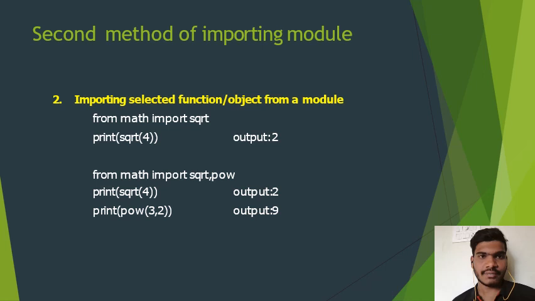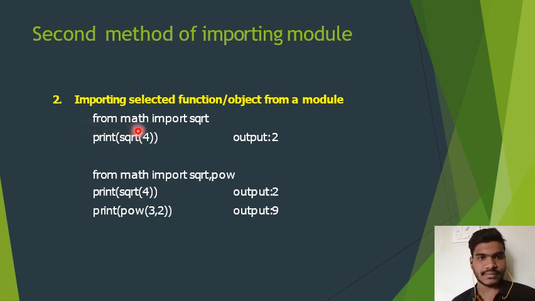The second method is importing a function or object from a module. From math import sqrt, then print sqrt of 4. It is the same as before, but we are using the specific function of the math module.